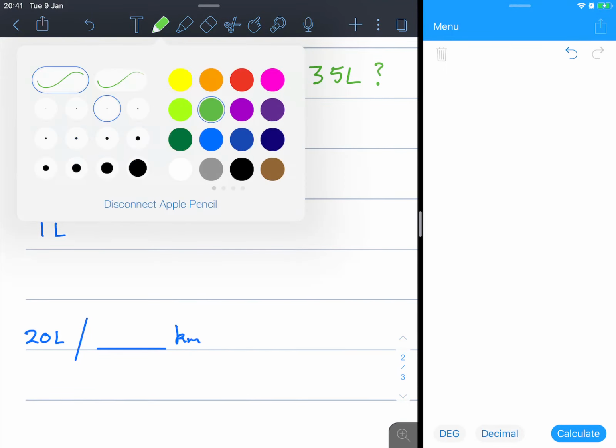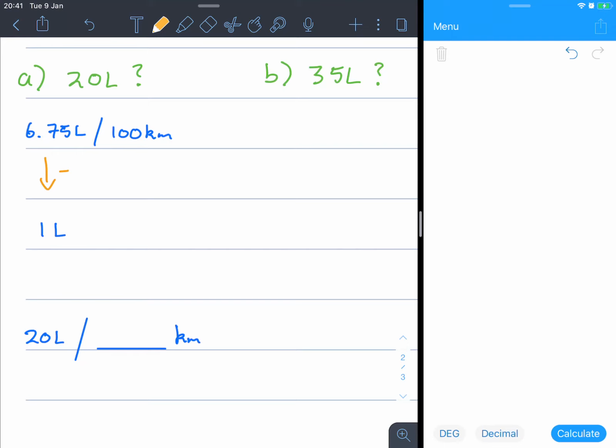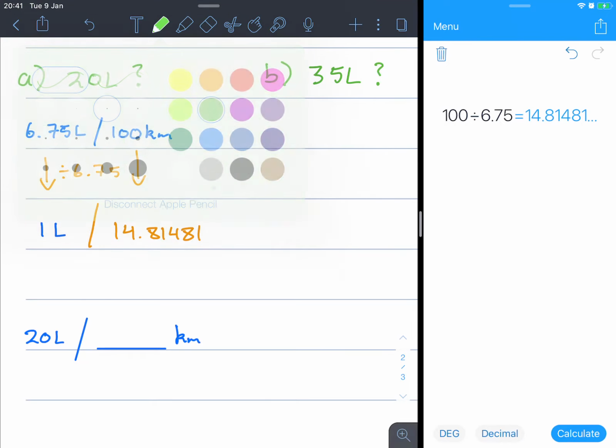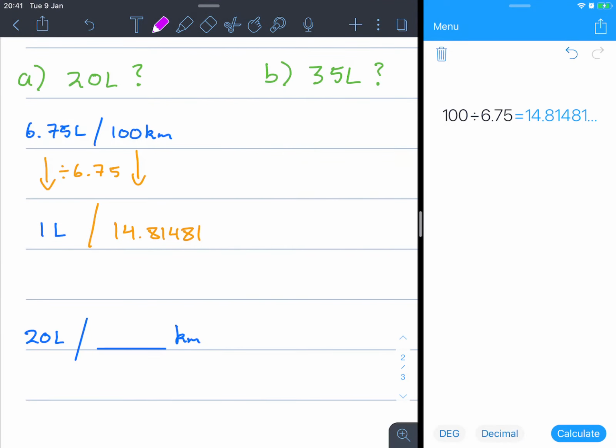We're going to do that by dividing by 6.75 on both sides. So 100 divided by 6.75, it's going to give us 14.81481.